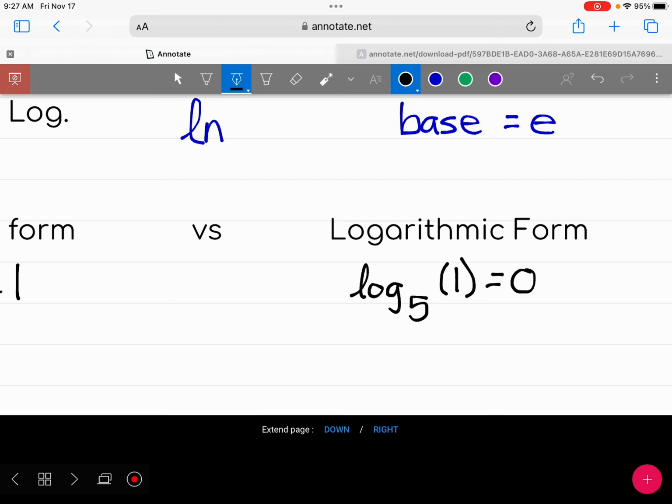The whole point is it pulls our power down. What is that? Is that 5? That is a 5.